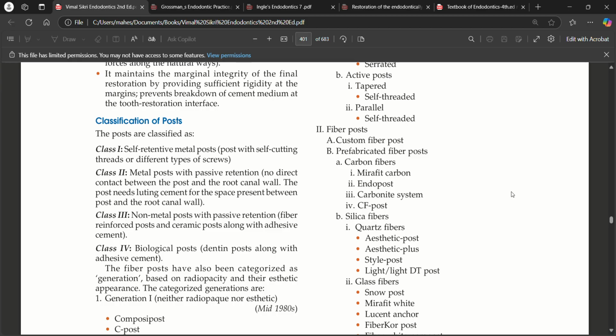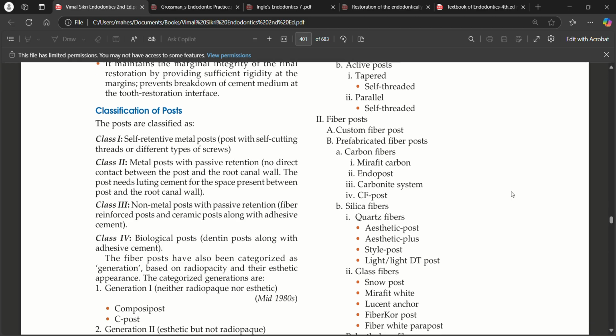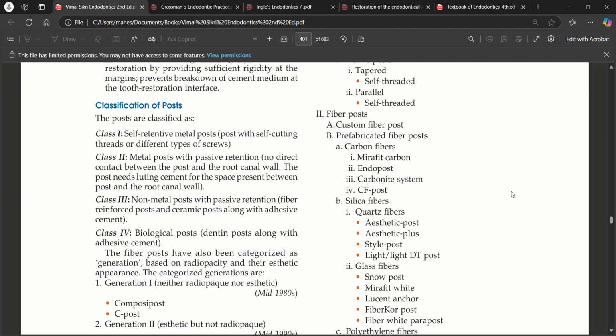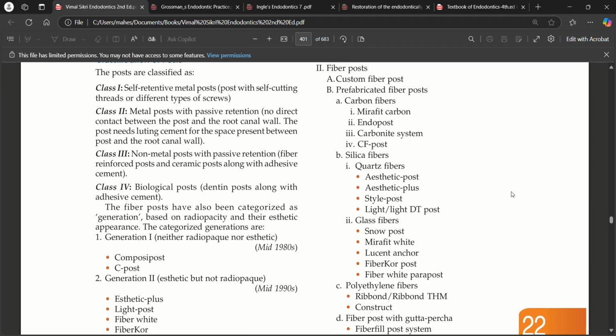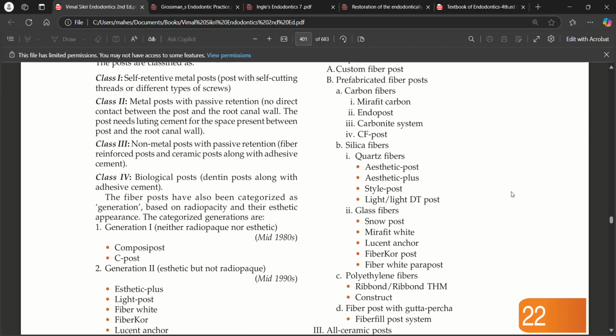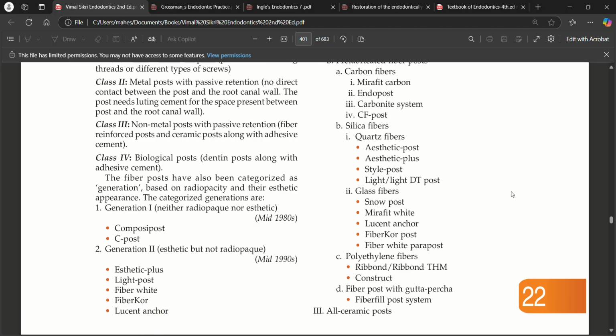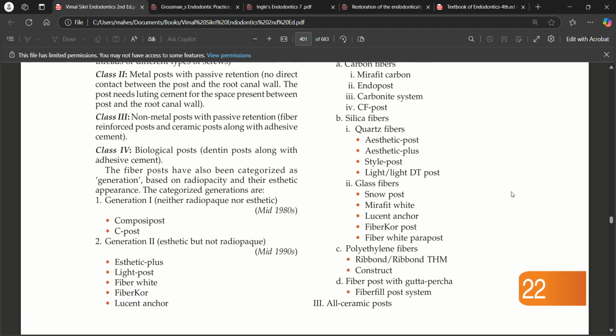The fiber posts also have been categorized into generations based on radio opacity and their aesthetic appearance. The categorized generations are: generation 1, neither radio opaque nor aesthetic. Then composite post in mid 19C are in generation 2, aesthetic but not radio opaque.